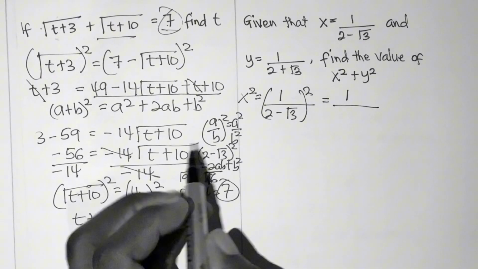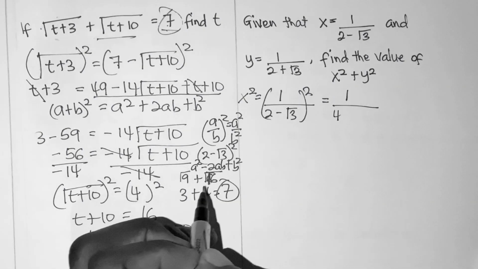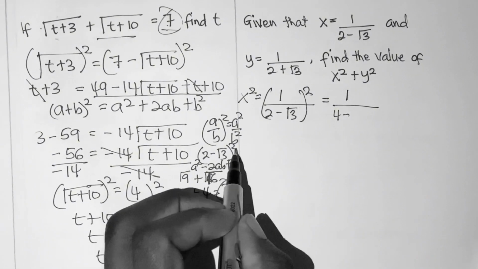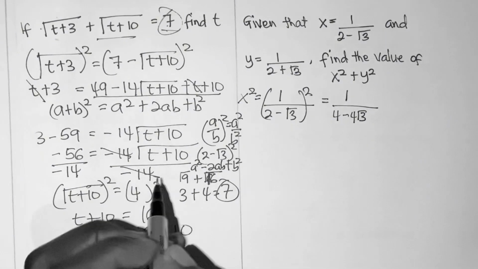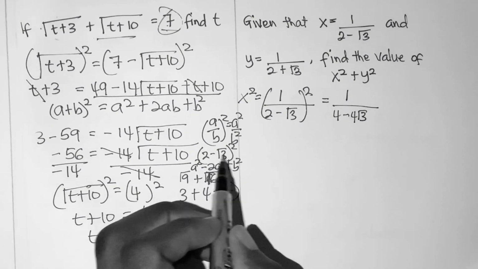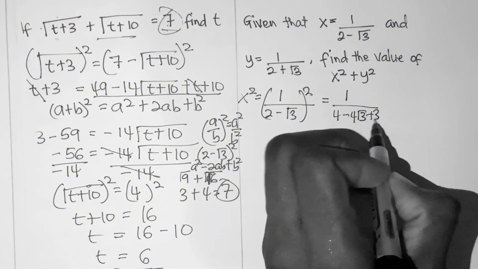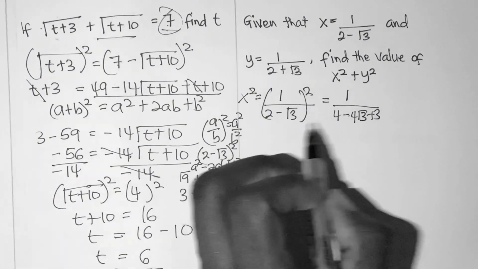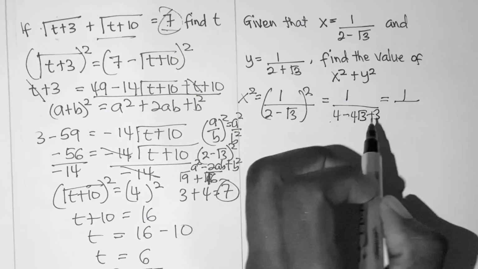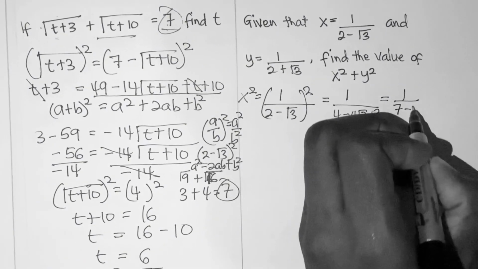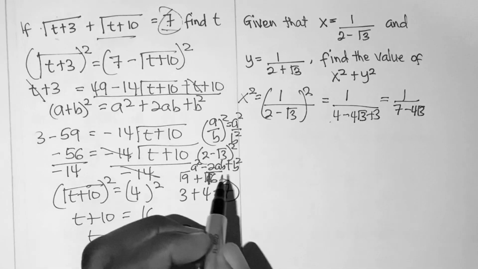Now a squared is 2 squared, which is 4. Then minus 2 times 2, which is 4, times root 3. So that becomes 4 root 3. Then b squared is minus root 3 squared, which is plus 3. If we simplify this further, we get 1 over 4 plus 3 is 7, so 7 minus 4 root 3.